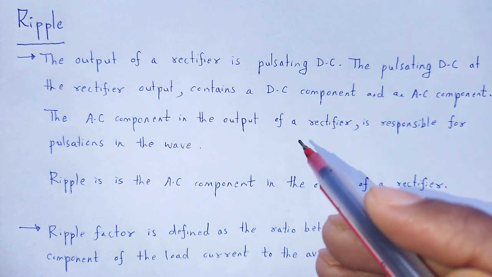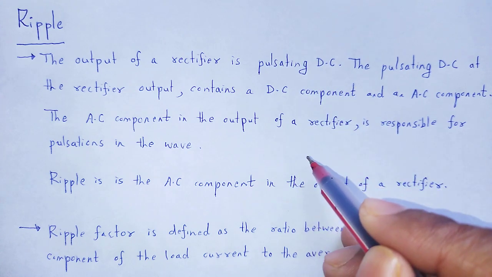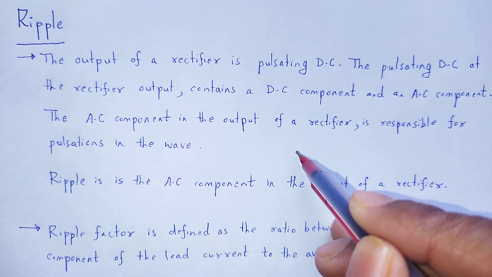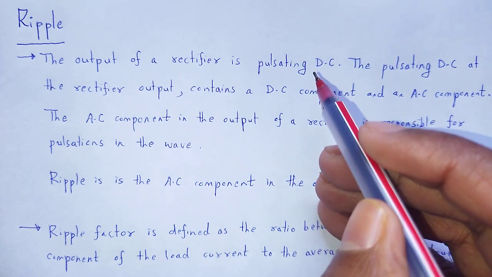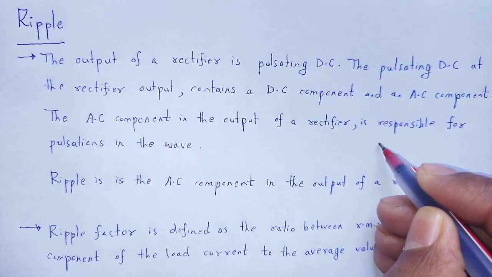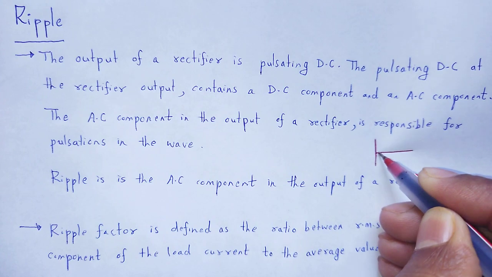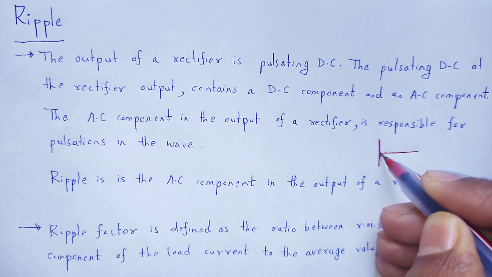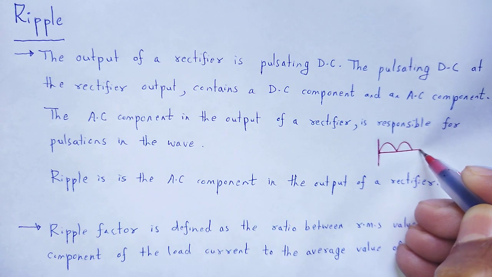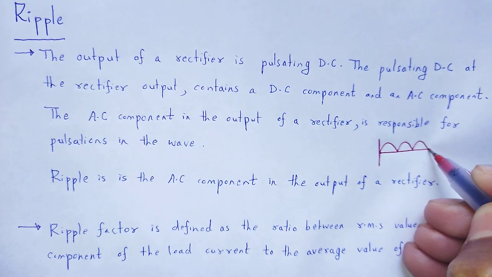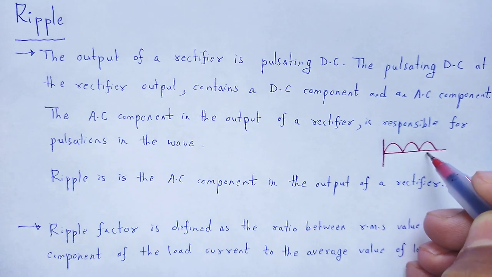Pulsating DC in the sense, if I plot the graph of voltage and time, this is the output voltage, that is a pulsating DC.